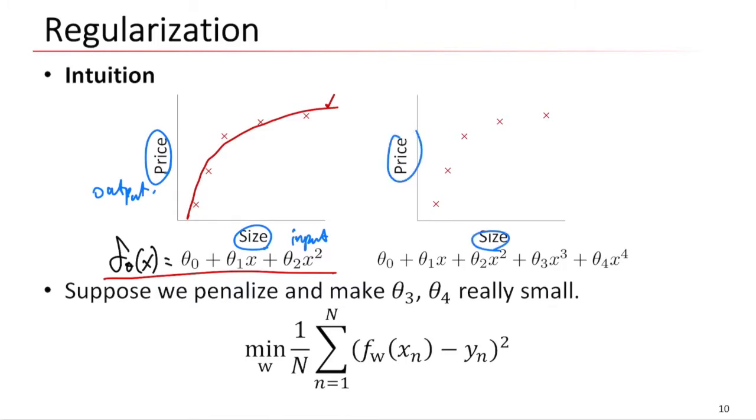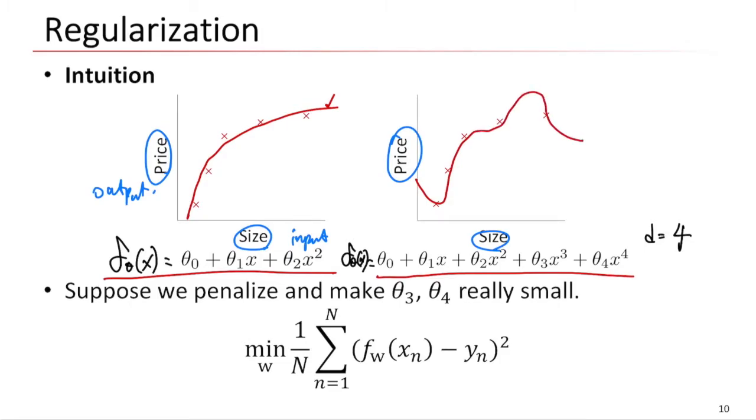But if we consider a much higher degree mapping function, let's say the order is equal to 4, the shape of this mapping function will look like this, right? So there is an overfitting problem.